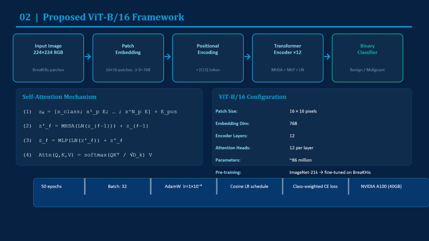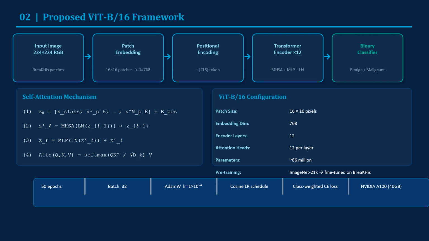Each patch is then converted into a numerical representation, and the model learns how every patch is related to the others. This is done using a mechanism called self-attention. The main advantage of self-attention is that the model can understand both nearby and distant tissue structures at the same time. This helps it capture the overall tissue pattern instead of focusing only on local details.